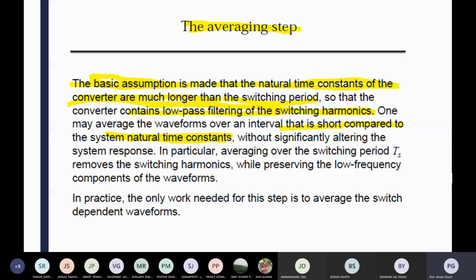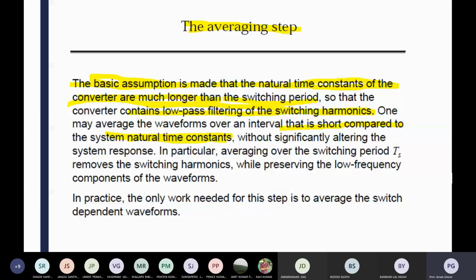So you have to design the switching converter and its controller in such a manner that the trajectory or the time constant has a moderate value. Otherwise the converter will be unstable.